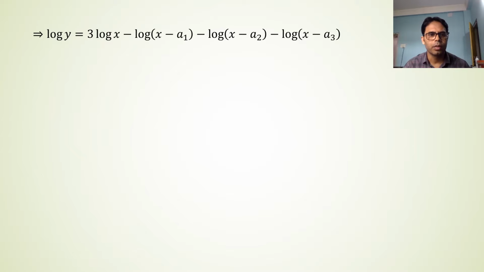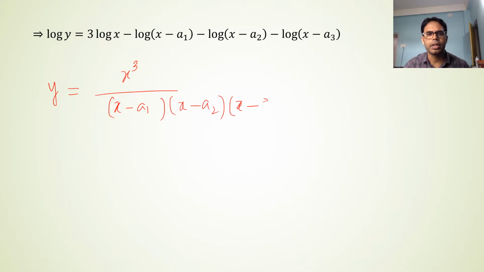Your term was y is equal to x cube divided by x minus a1 into x minus a2 into x minus a3. I have written here the direct line, so you try to understand how to obtain that previous line.